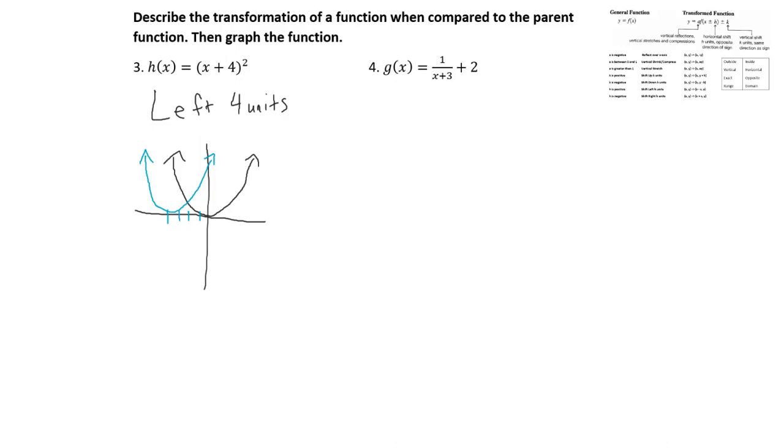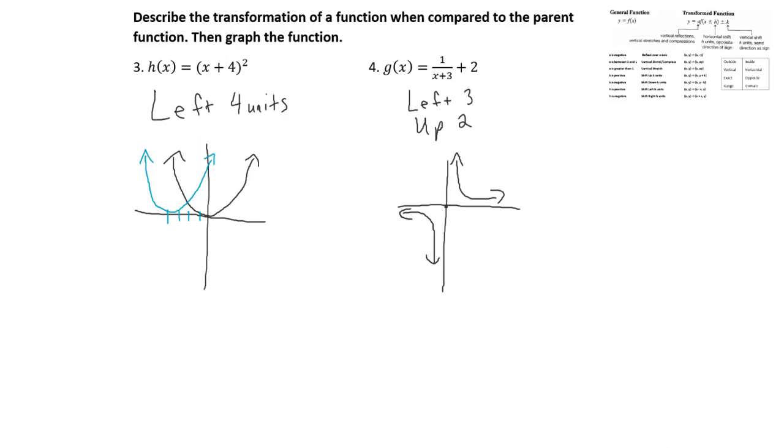All right. Next one, we have a plus 3 inside the function. So that's going to be left 3. And we have a plus 2 on the outside, which would be up 2. So we've already graphed rational ones. So a quick sketch looks like this.